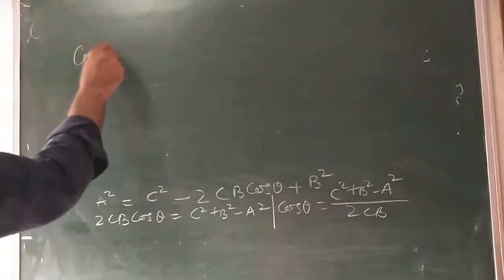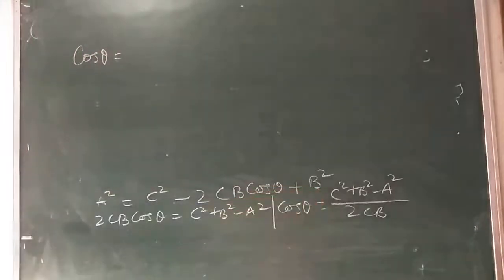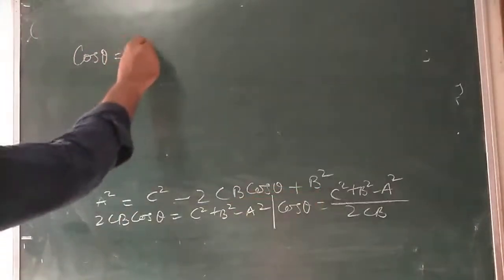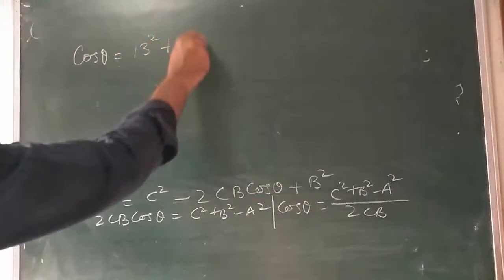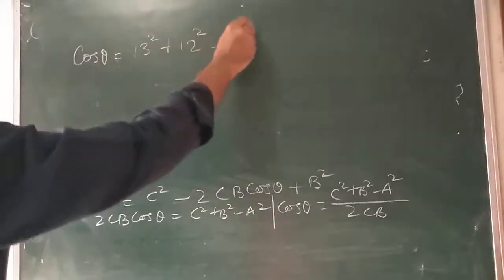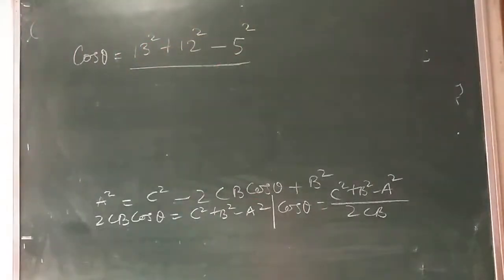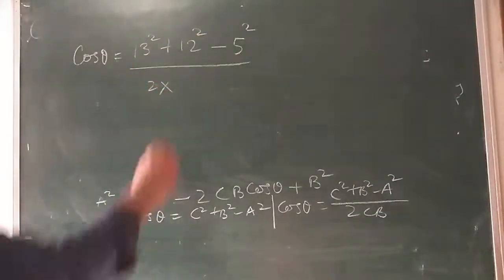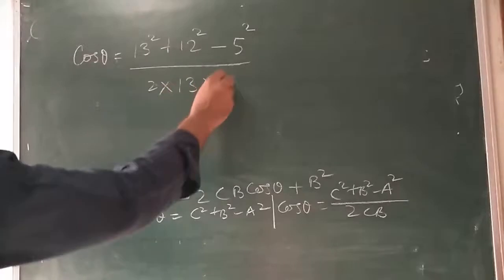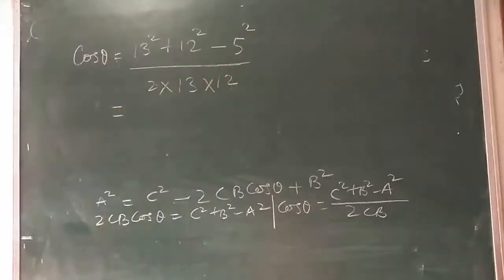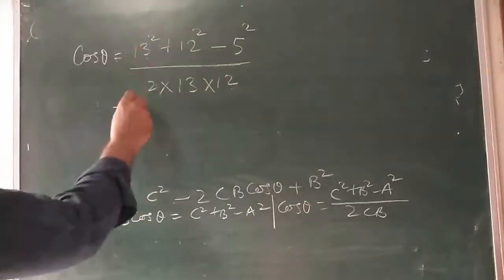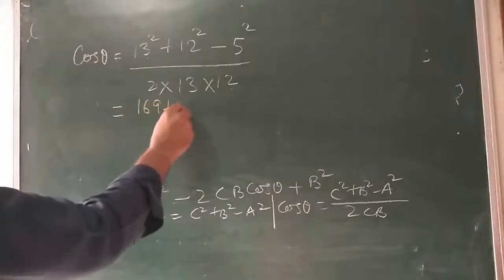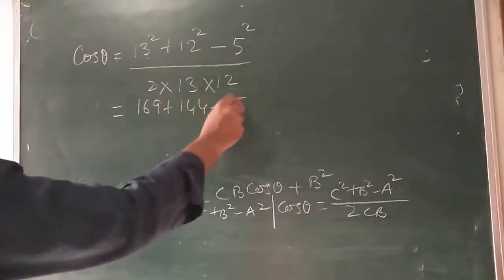Cos theta is equal to C square, that is 13 square, B square, that is 12 square, A square, that is 5 square, divided by twice of C. C is 13 and this is 12. This is 169. This is 144 minus 25.